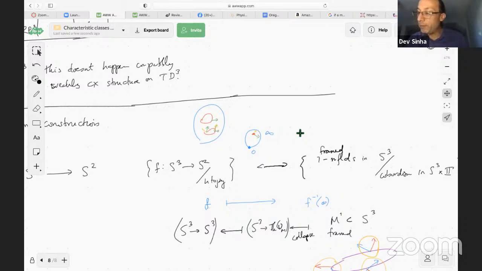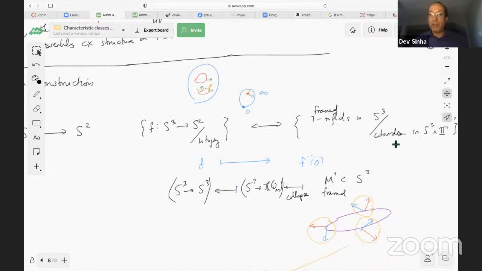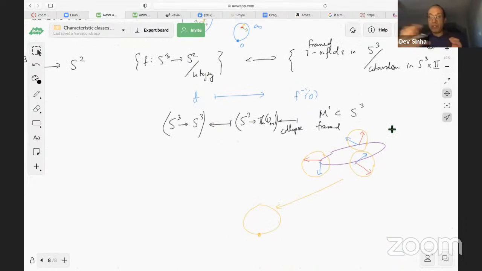Let's do that. Because it's more natural to collapse everything in the boundary of the disk, which becomes a point at infinity. So each of these disks has a natural map to S2. Zero is going to the base point, and then the points at the boundary of the disk are going to infinity.